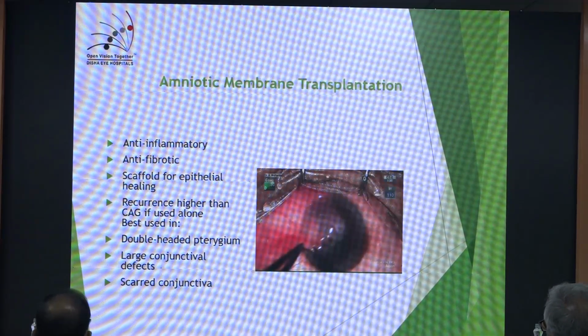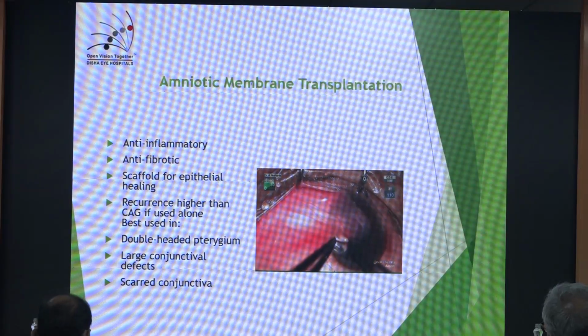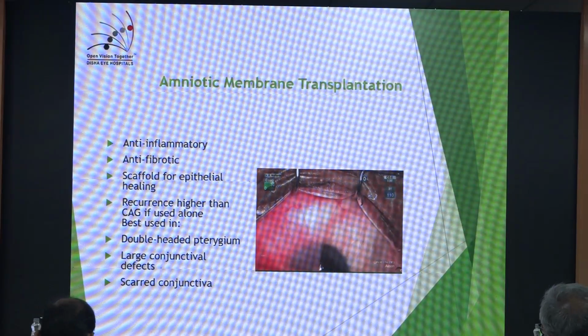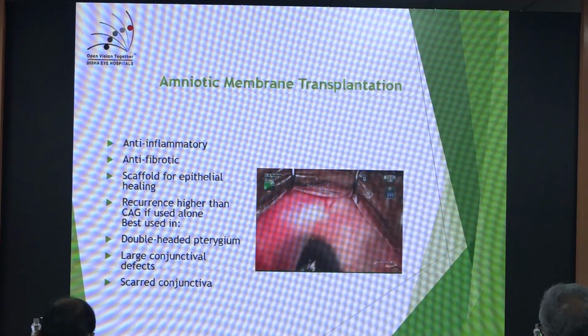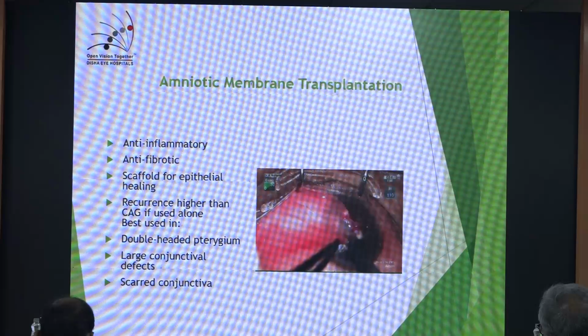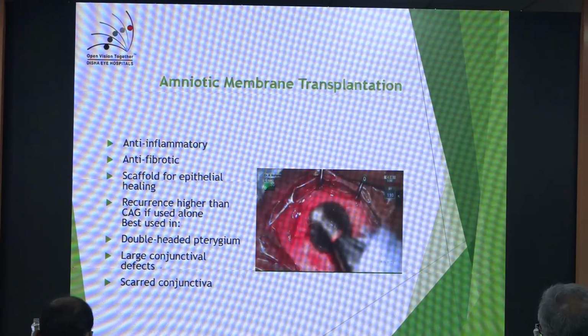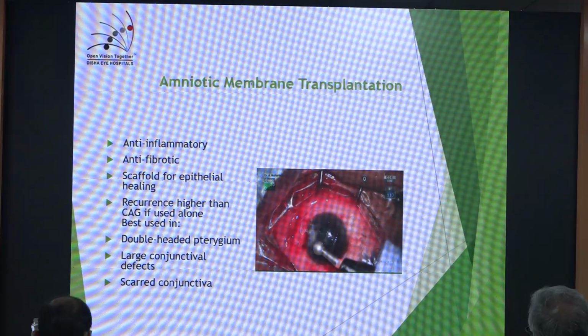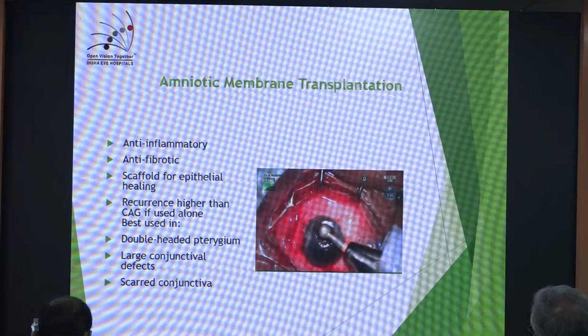This is a video showing a grade 4 recurrent pterygium. This is after the surgery is done, so the conjunctival corneal part is too large, so that is smoothened by a diamond burr.